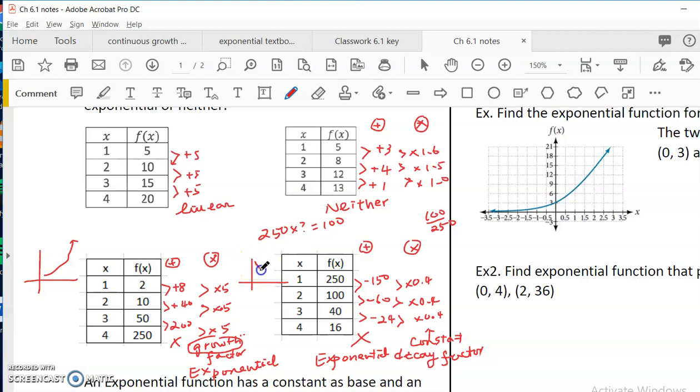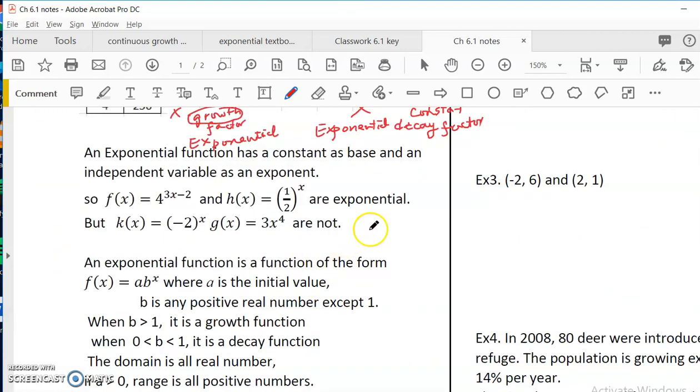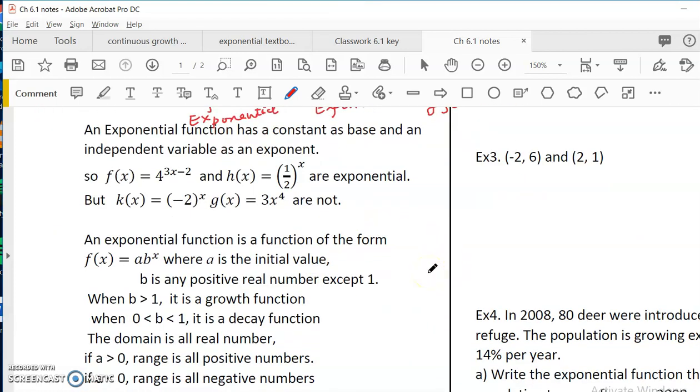It looks something like this. In either case, for growth, on the positive side it shoots up to infinity, but on the negative side it never drops down. It would have a horizontal asymptote. For the decay one, it would have a horizontal asymptote, and it would shoot up on the left-hand side. So these are the two behaviors of an exponential function.